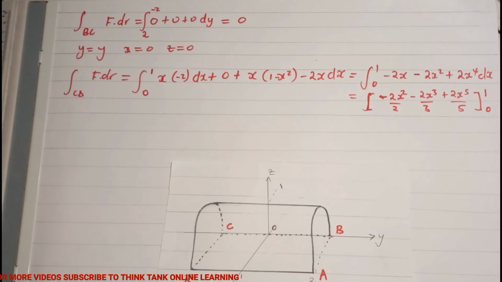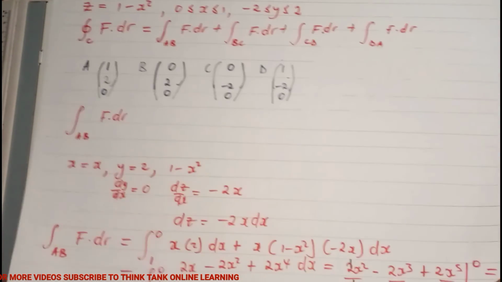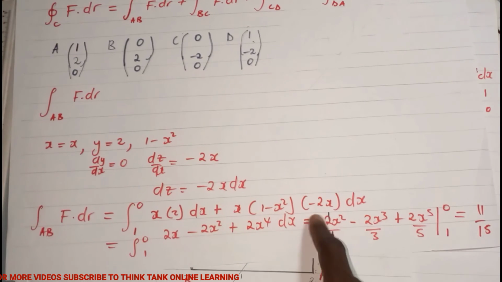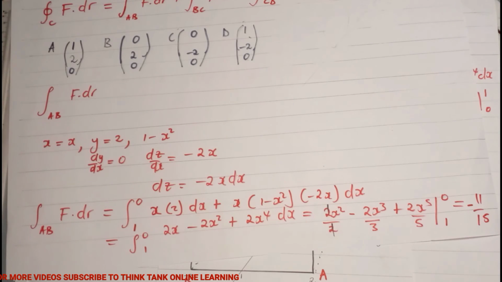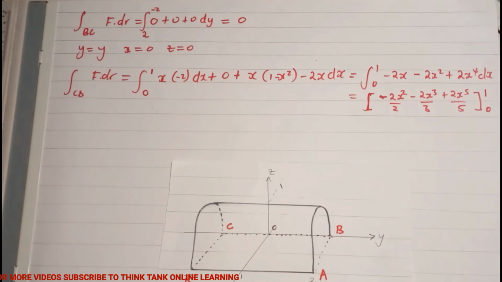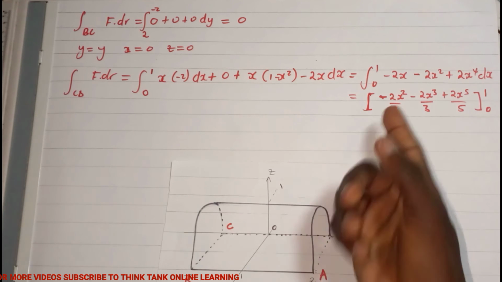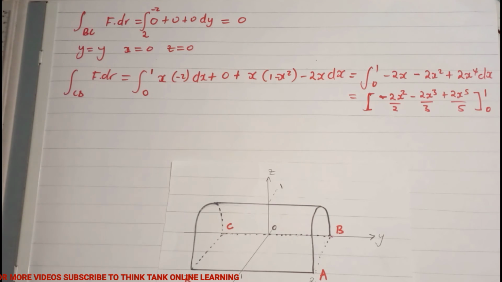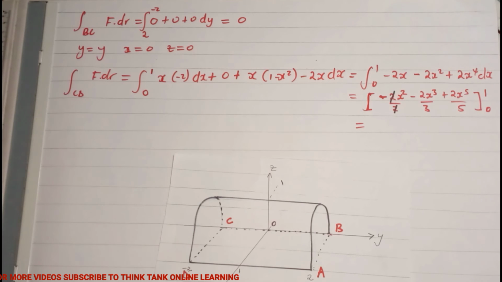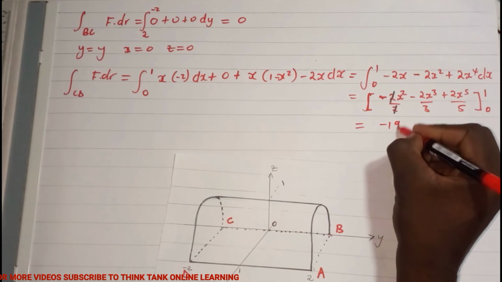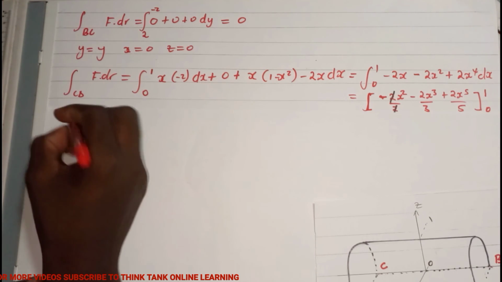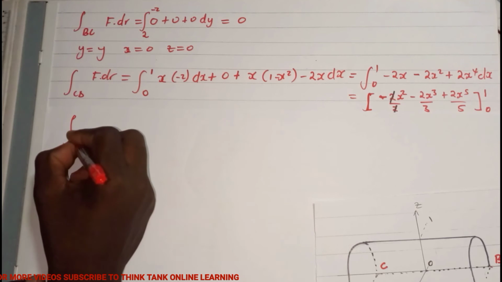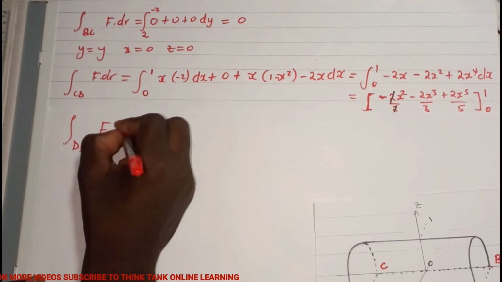I just realized that when you perform the line integral for AB, if we say upper bound minus lower bound, we're going to get negative here. I forgot to write negative. I'm sorry for that. If we punch this in the calculator, this is equal to negative 19 over 15. We have performed the integral of D to A, F dot dr.